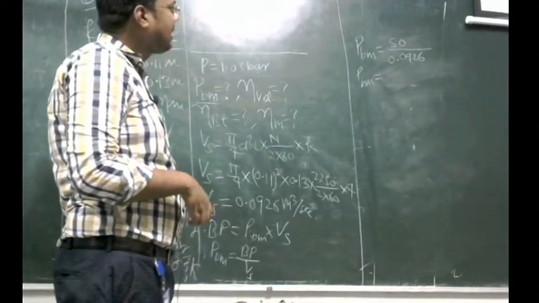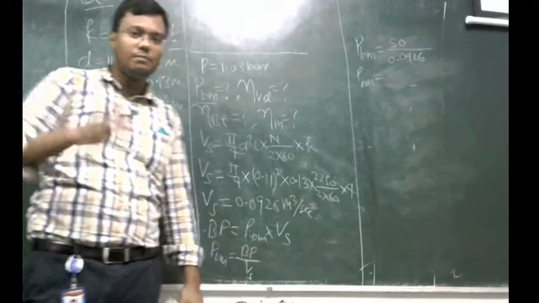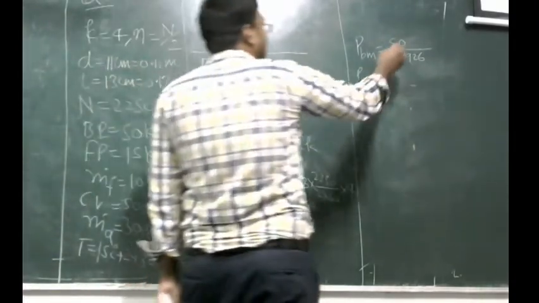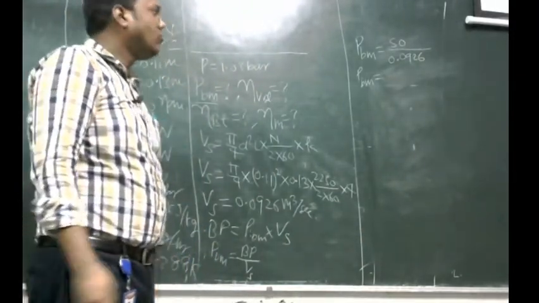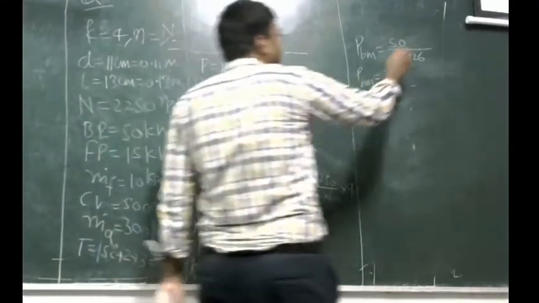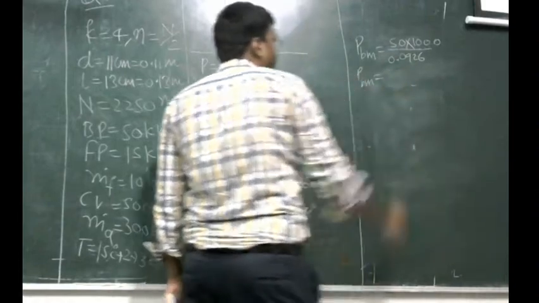We can convert 50 kilowatt into watt, so then we get the value in Pascal. Or we can keep it in kilowatt and get the value in kilopascal. We can do it either way, but if we convert in watt, then we multiply by 1000 to get the value in Pascal.